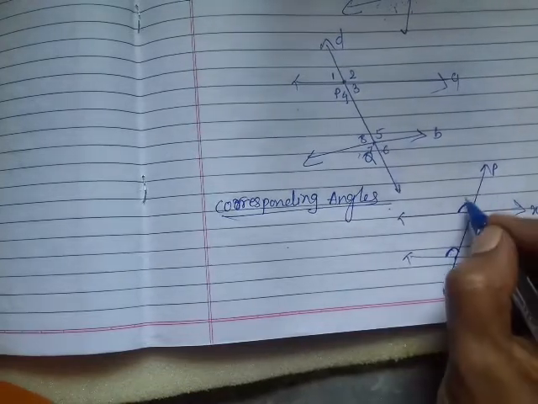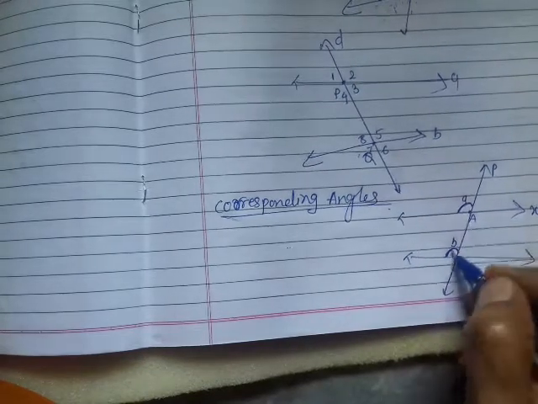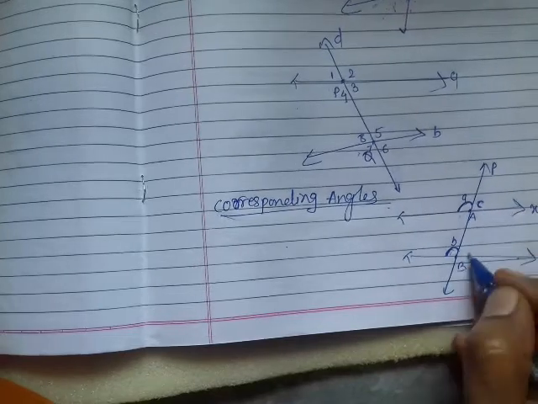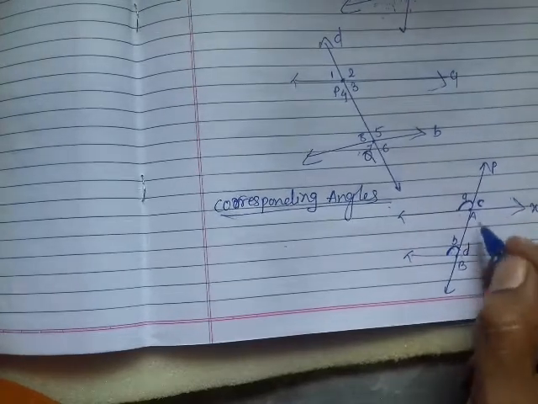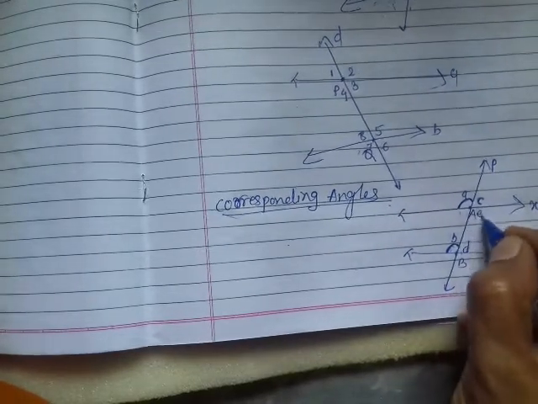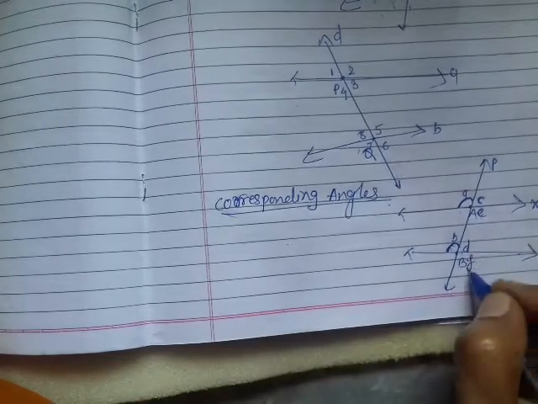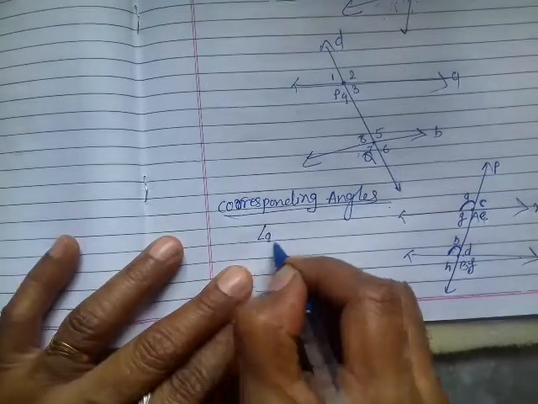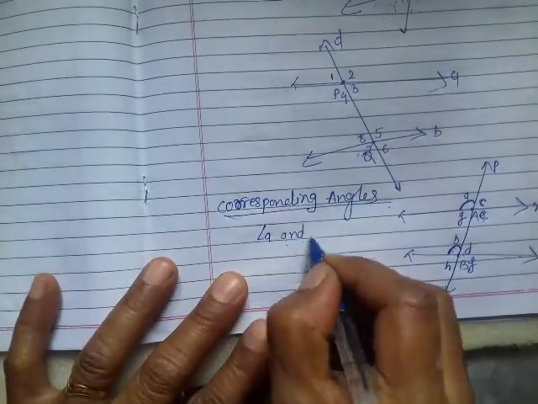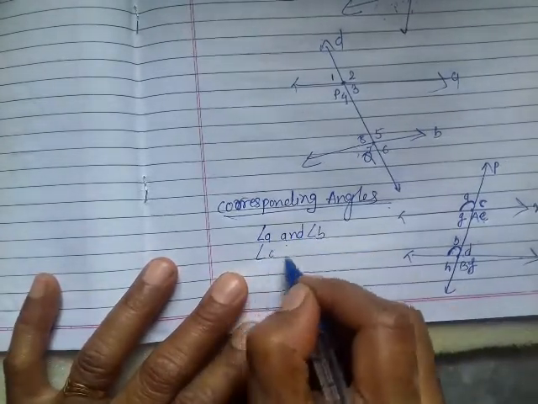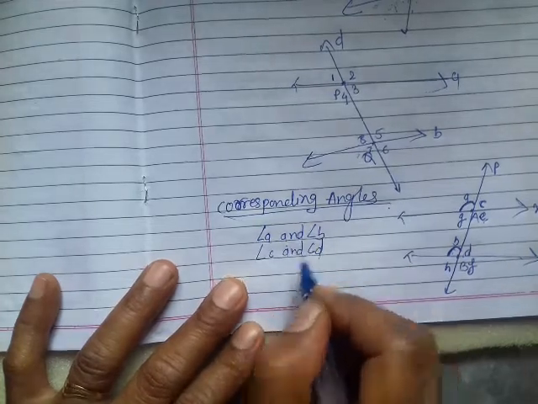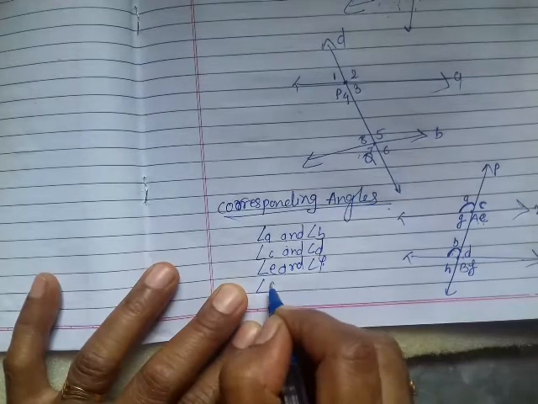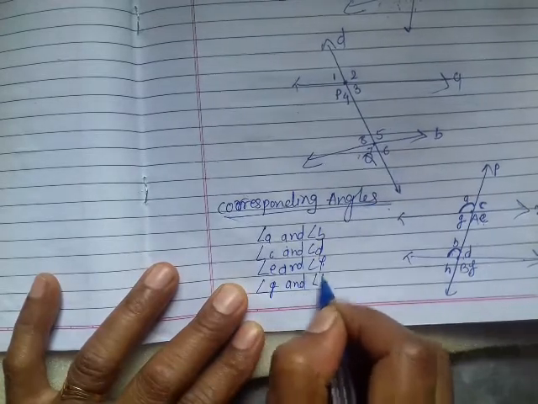Now suppose small a, small b, this is one pair of corresponding angles. Then here C and here D is another pair. Then here E and here F is another. Here G and here H, means angle A and angle B, angle C and angle D, angle E and angle F, angle G and angle H.